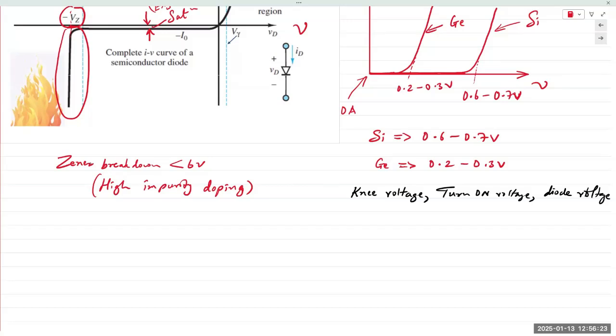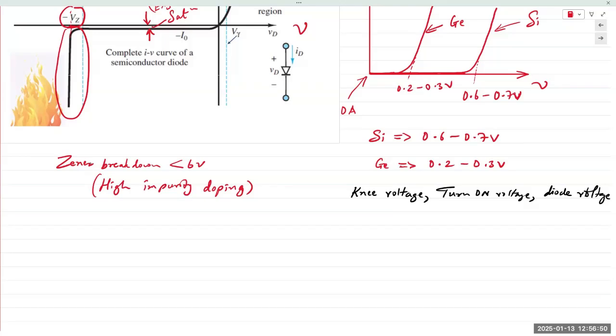Those 2 in turn will create 4, will create 8, and so on and so forth. So there's an avalanche of free charge carriers created because of this impact. Hence, it is known as the impact ionization process. And this avalanche of charge carriers created because of these collisions is known as an avalanche breakdown.